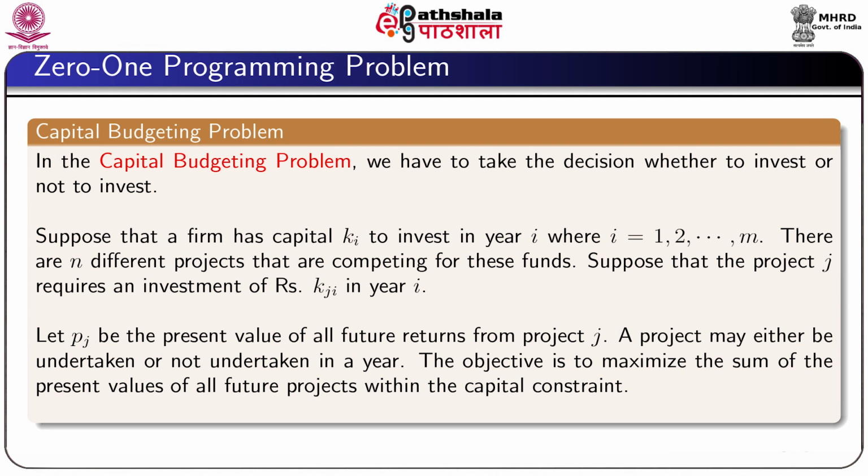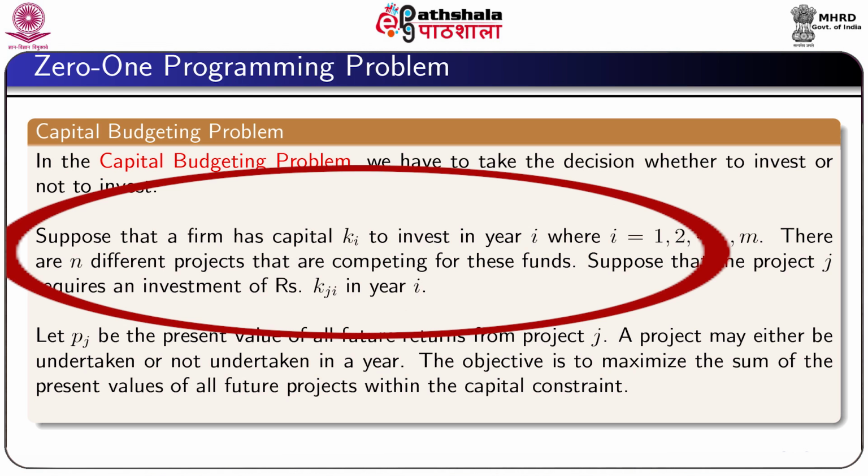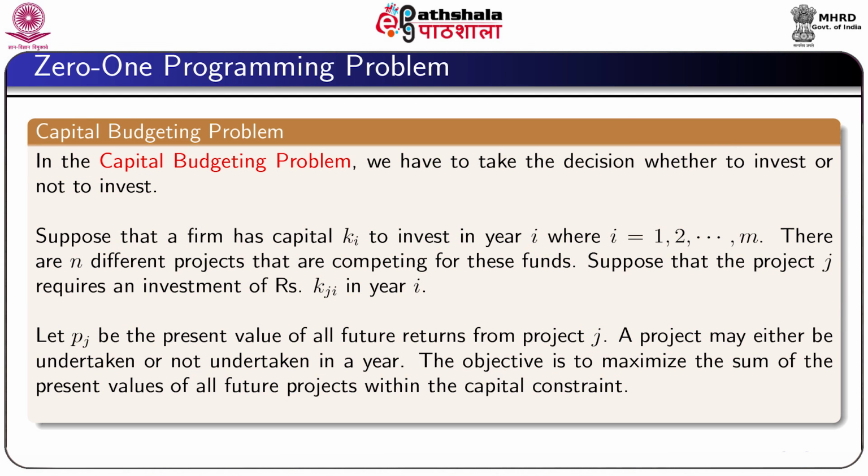We consider a practical problem, which is capital budgeting problem. In capital budgeting problem, we have to take the decision whether to invest or not to invest. Suppose that a firm has capital Ki to invest in year i, where i equal to 1 up to m. There are n different projects that are competing for these funds.